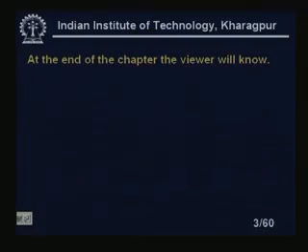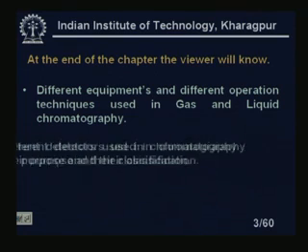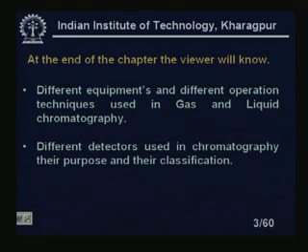At the end of the lesson, the viewer will know different equipment and different operation techniques used in gas and liquid chromatography, and different detectors used in chromatography, their purpose and their classification. We will find there are different types of detectors available: the thermal conductivity detector, the flame ionization detector, and the electron capture detector.